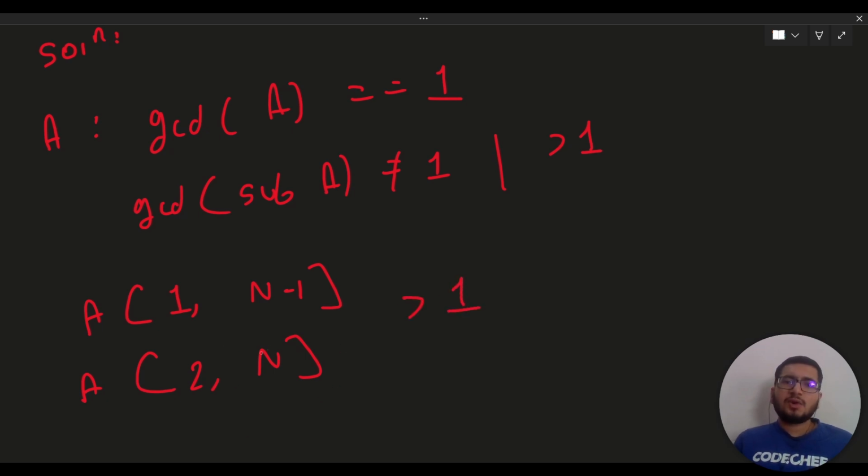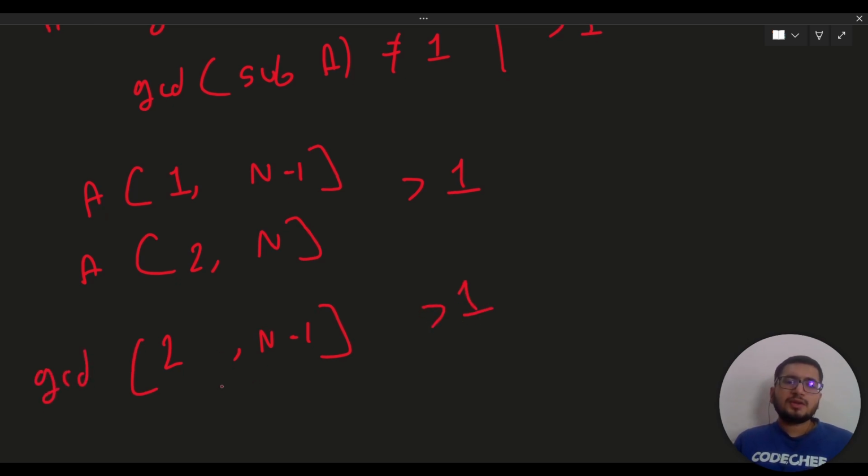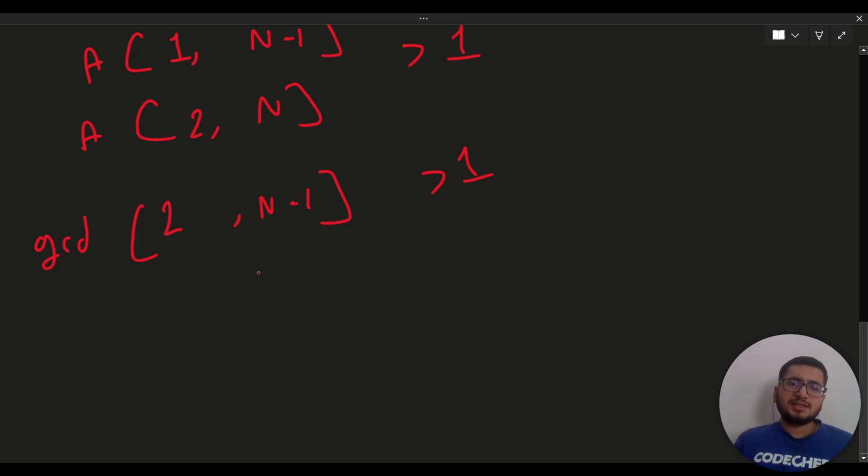So with this, what we can deduce is that the common array that we have here from 2 to n minus 1 must have the GCD greater than 1, right? Let's assume that this GCD is just G and it has to be greater than 1.